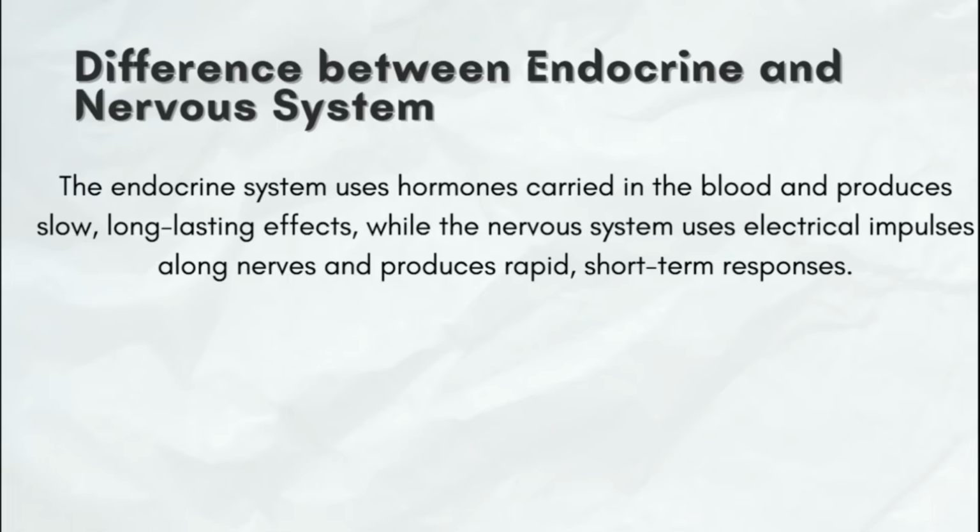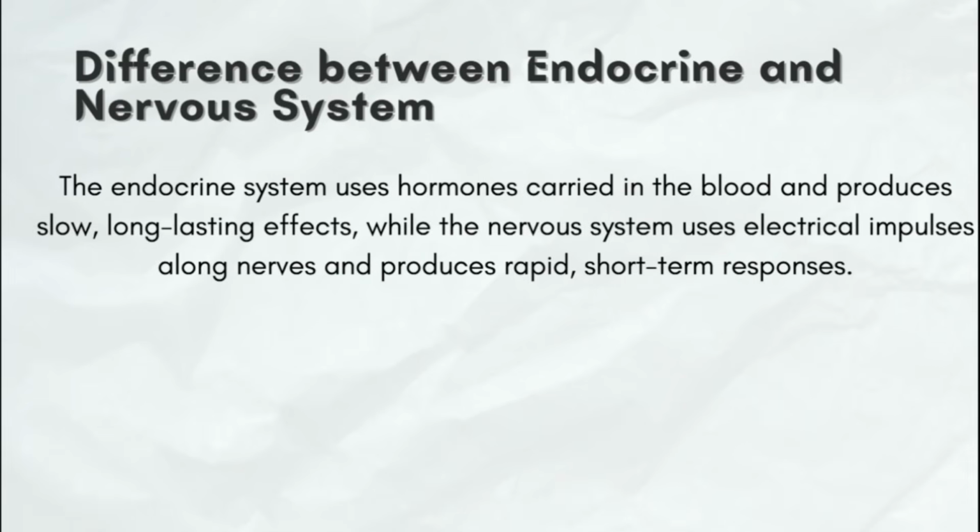Neurotransmitters are the chemical messengers in the nervous system, and hormones are the chemical messengers in the endocrine system. The endocrine system uses glands, while the nervous system uses nerve impulses to transmit the message along the nerves.